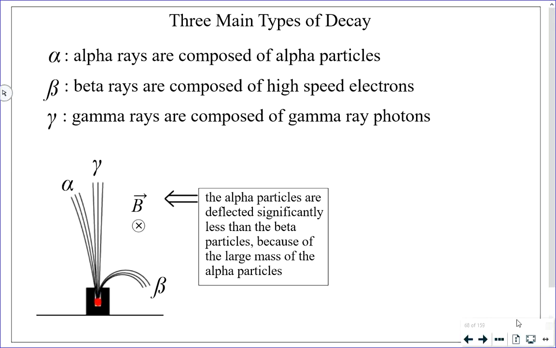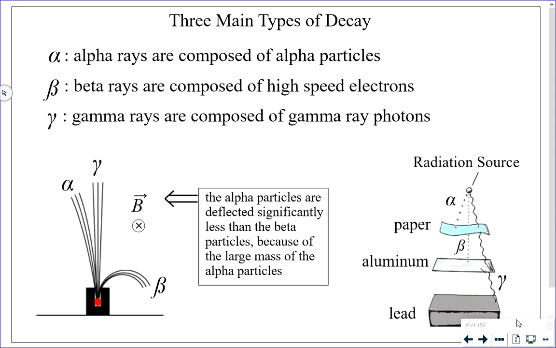Electrons have very little mass. So if I apply a certain force to a little tiny Austin Mini car on the highway, it changes direction very rapidly. But if I apply that same force to a Peterbilt truck, a big semi-truck, it's not going to move as much in terms of the directional change.